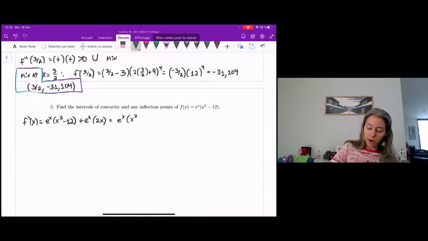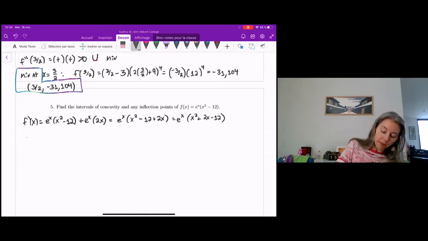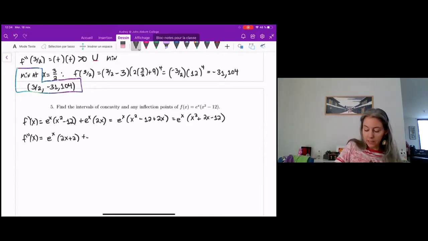So I'll have x squared minus 12 plus 2x, which I'm going to rewrite as x squared plus 2x minus 12. And then f double prime of x is e to the x times 2x plus 2 plus e to the x times x squared plus 2x minus 12.